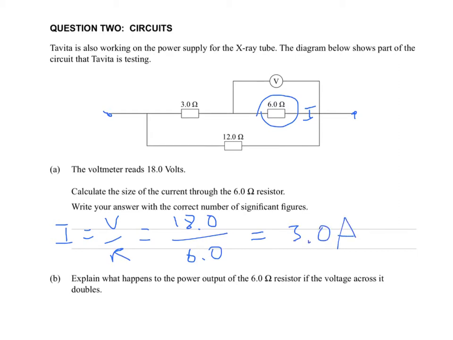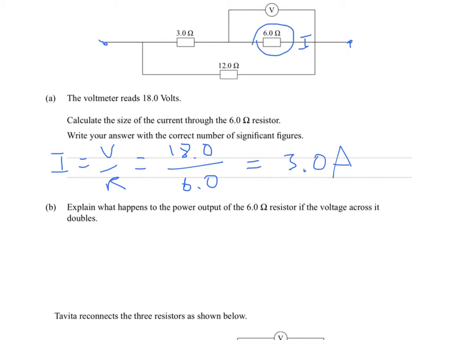B. Explain what happens to the power output of the 6 ohm resistor if the voltage across it doubles. Okay, you could be misled into thinking that from P equals I times V that if the voltage doubles, the power doubles. But that's not the case, because the current is also dependent upon the voltage. So if you double the voltage, you double the current.